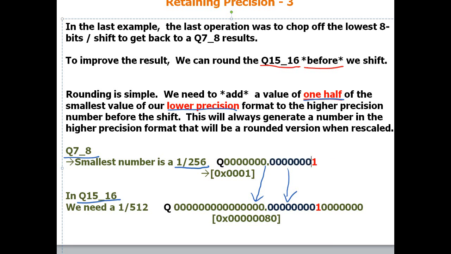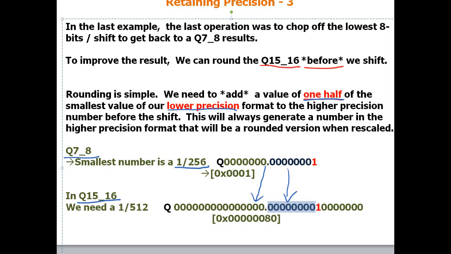The smallest number I can do is I can have 7 zeros and a 1, all right? What I need to do is if I divide this by 2, I have 8 zeros and a 1. So what you've got to think about is, what is that number? You just got to convert it to the appropriate hexadecimal value.